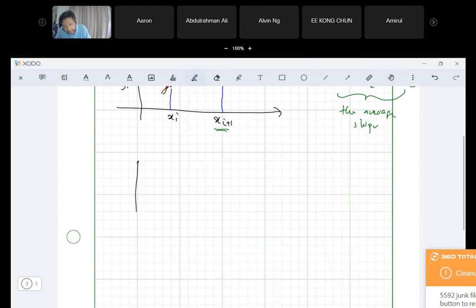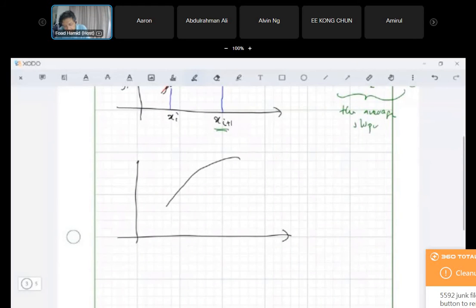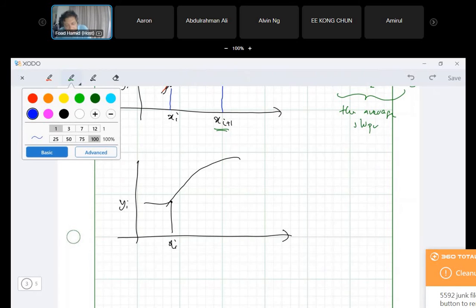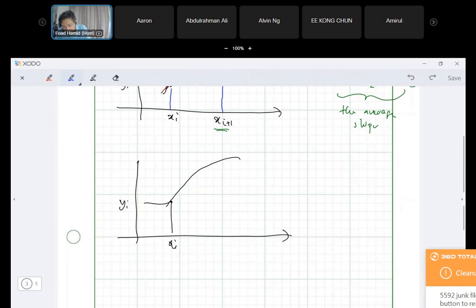Okay, multiple steps, multiple iterations. So let's say this is my xi, this is my yi. So we can use multiple steps here. For example, this is our predictor and this is our corrector, right?